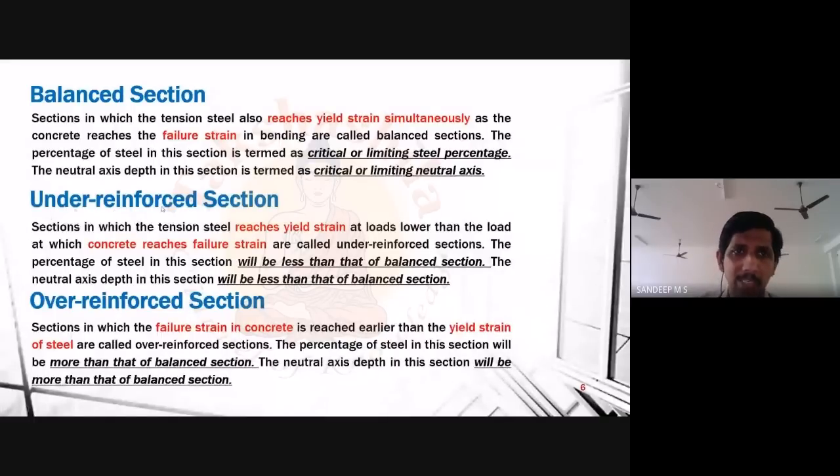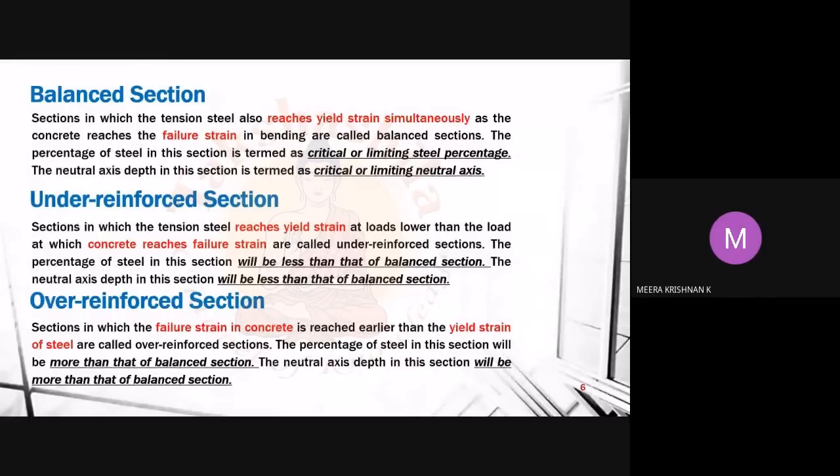Now coming to under reinforced section. From the name itself, you can see that this section is under reinforced. So basically the predominance of reinforcement is less in this section. So obviously, based on this name, which member will fail first? What do you say? Steel.